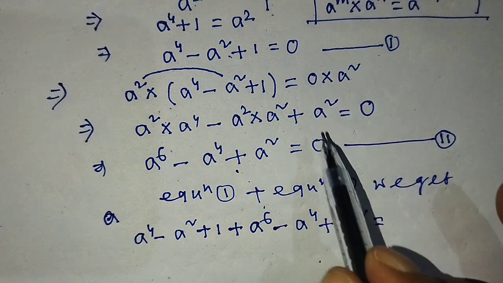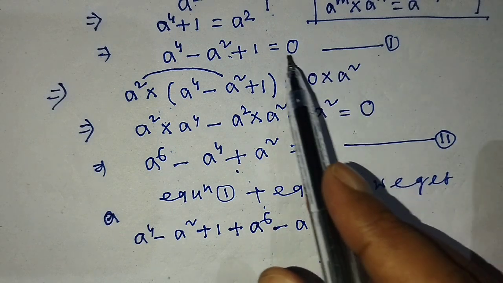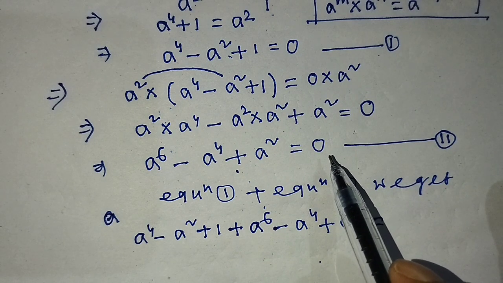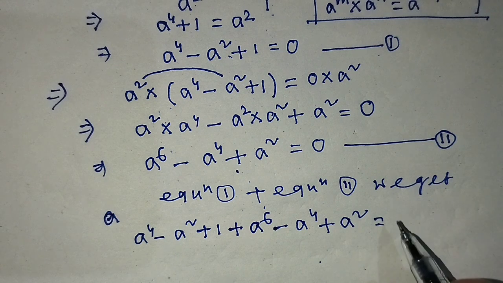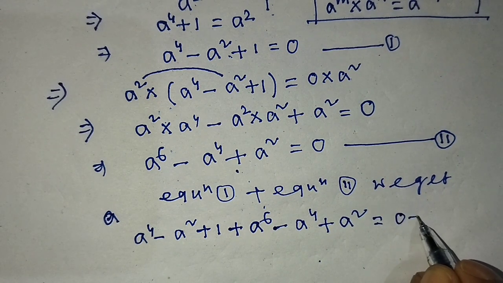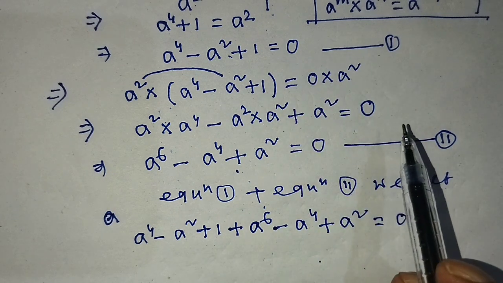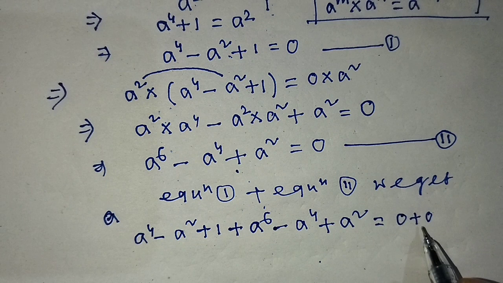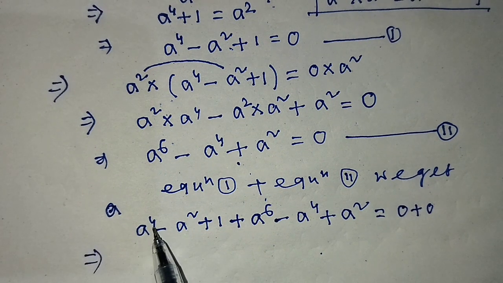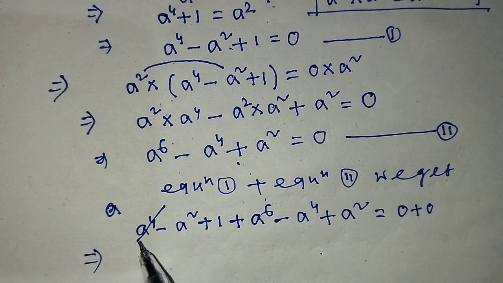And here is right side, here is 0 of this equation, and here also right side is 0 of this equation. So on the right side we have to add 0 plus 0. If you add RHS plus RHS of both equations, we have to write in here 0 plus 0. Plus a to the power 4, here is minus a to the power 4, so we have to cancel a to the power 4.